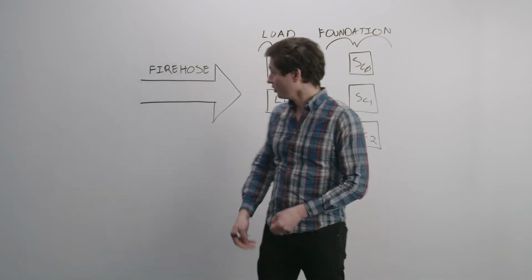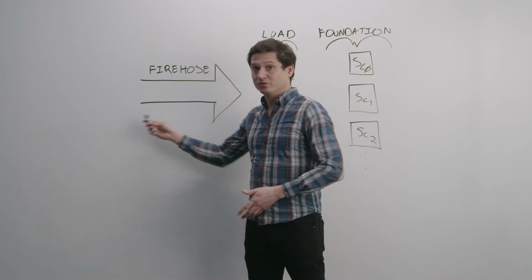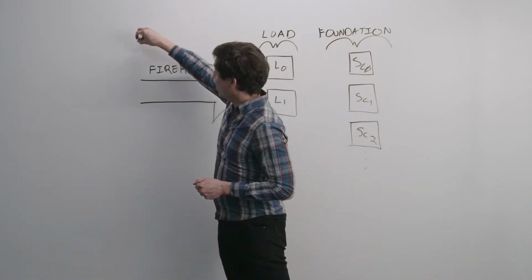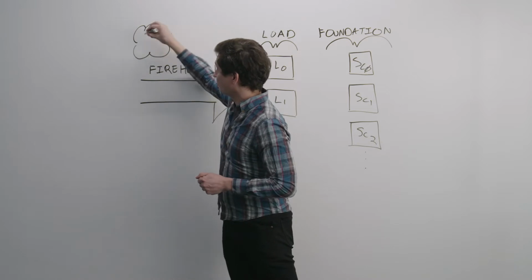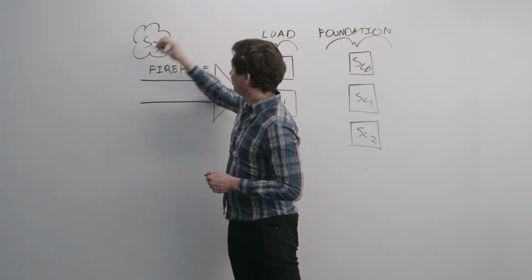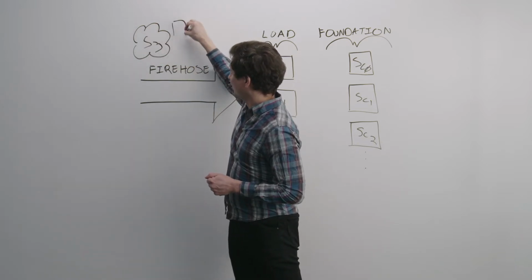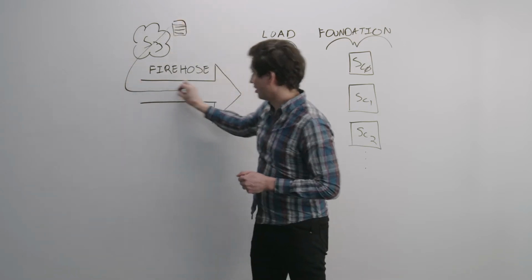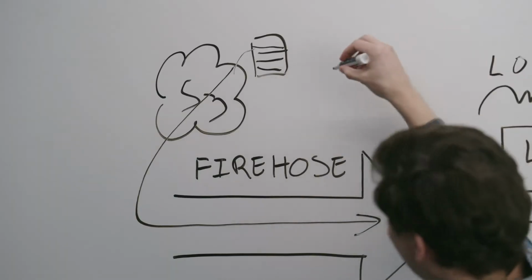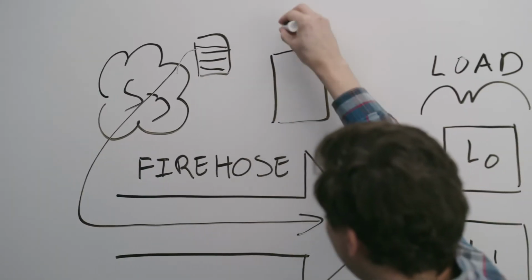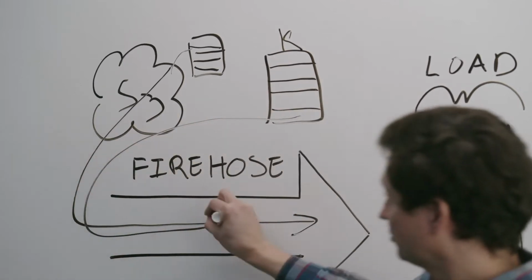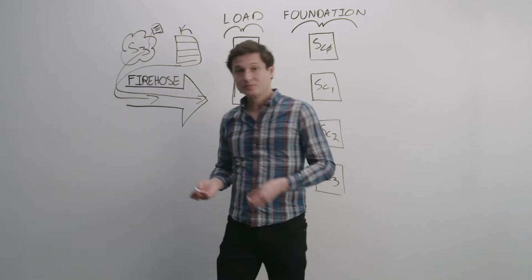We talk about the firehose, a veritable deluge of information flowing in from a variety of possible sources. Things like S3, where we might have some large number of CSV files sitting and being passed through, or a queuing system like Kafka, which may have something like JSON documents.